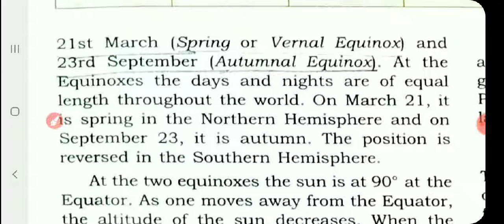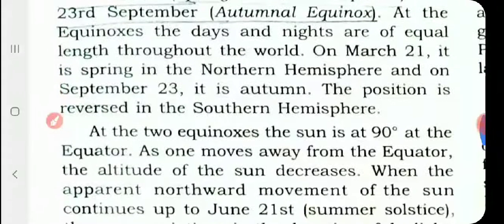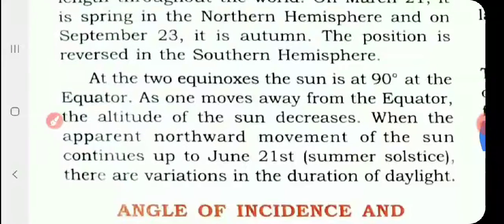So, this journey of the earth around the sun, through the perihelion and aphelion positions, causes different seasons. At the same time, it gives rise to equinoxes and solstices. Clear now? At the two equinoxes, the sun is at 90 degrees at the equator. As one moves away from the equator, the altitude of the sun decreases.